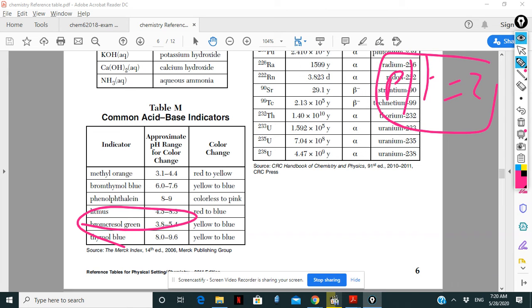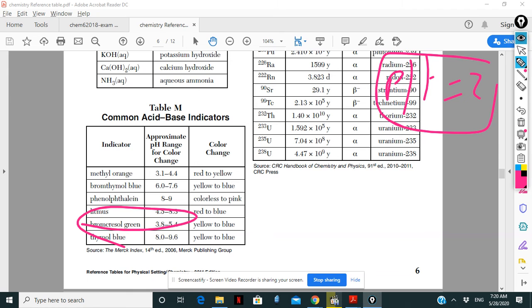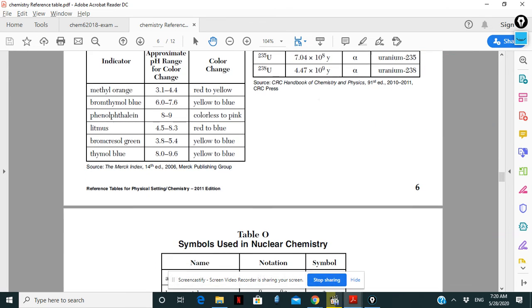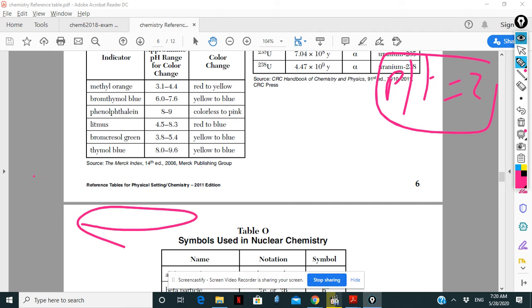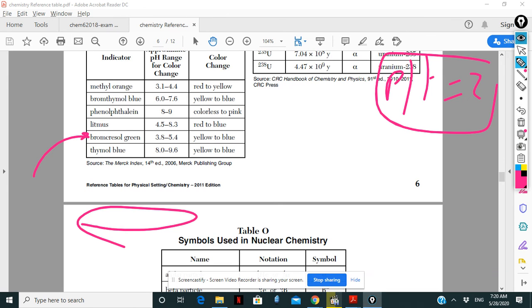Here is bromocresol blue. What about bromocresol green? Oh, bromocresol green. So bromocresol green is here.